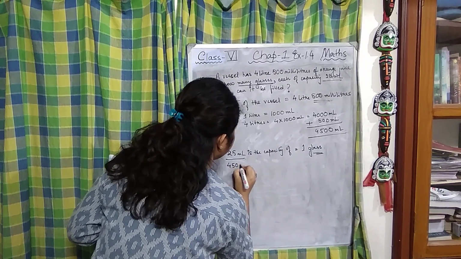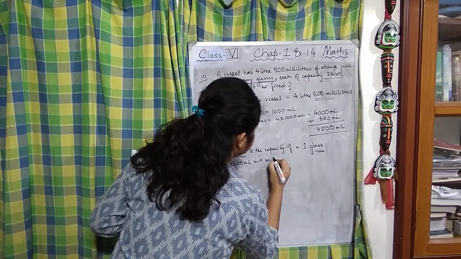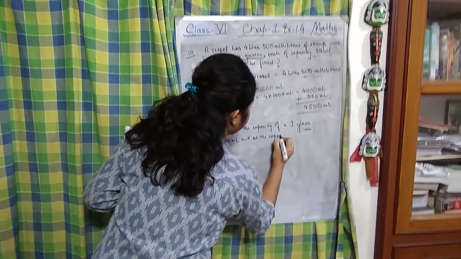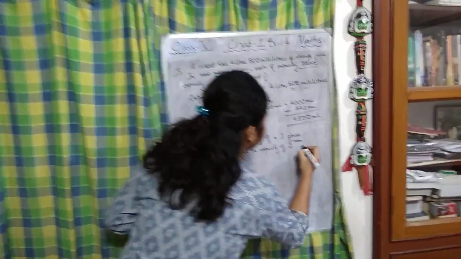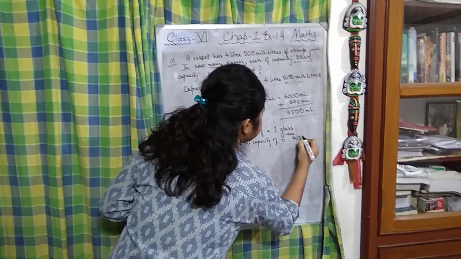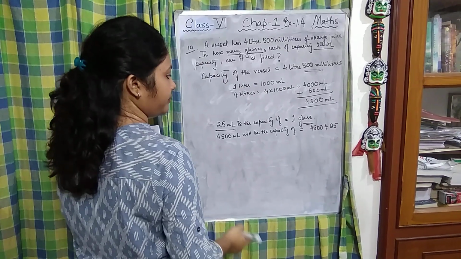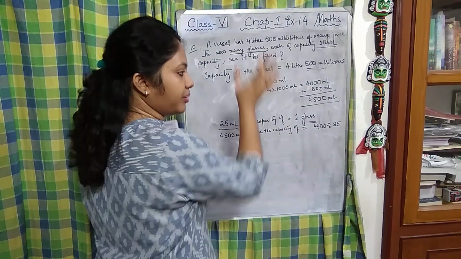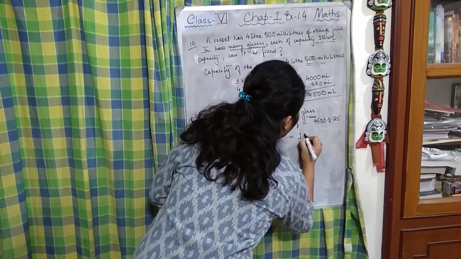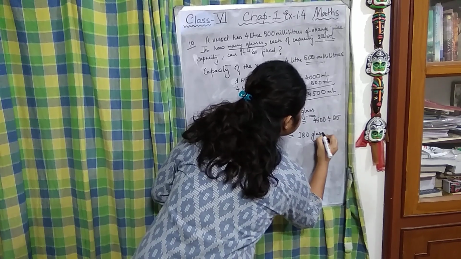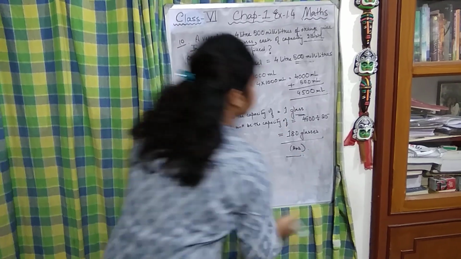So 4500 ml will be the capacity of, equal to, so what we have to do, we have to divide by 25. Okay, so you are going to do the division in a proper manner. I am writing it directly. It will give an answer of 180 glasses. Okay, and here is the answer.